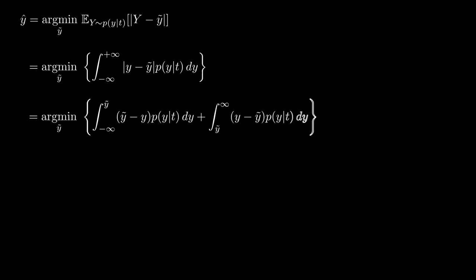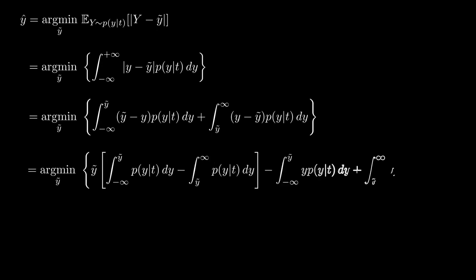We start by writing an optimization problem where the objective is the expected value of the stochastic absolute error loss. Simply substitute the definition of the expectation operator. Break the integral into 2 parts, y values below y tilde and above y tilde.